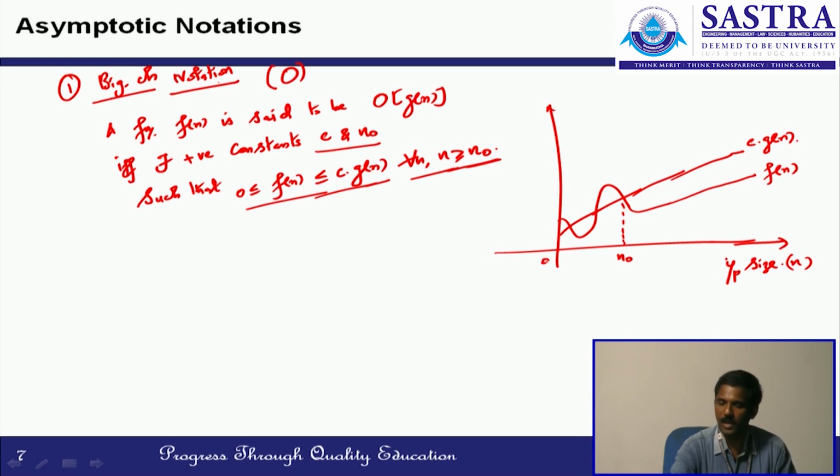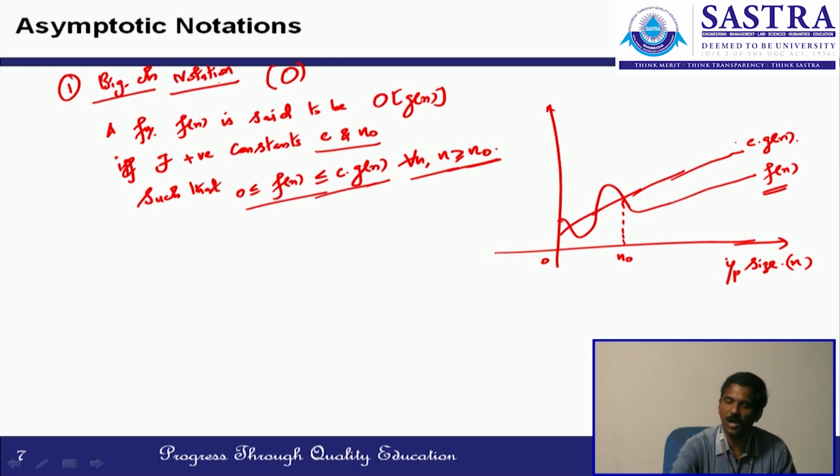Clearly, after this intersection point n0, we can find f of n is less than or equal to c into g of n. Before the point n0, the relationship may not be satisfied.